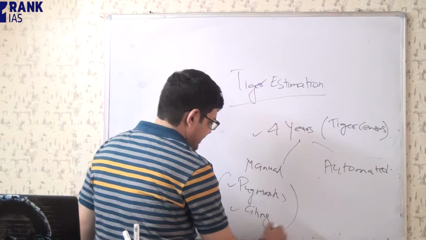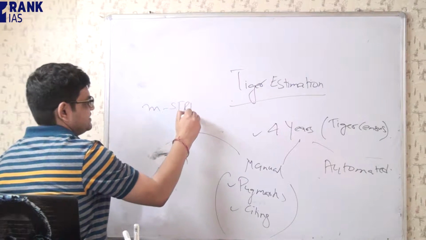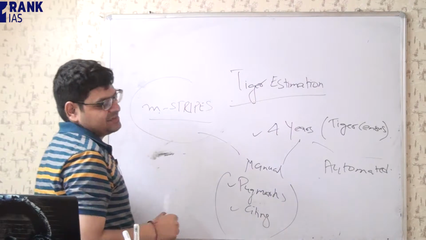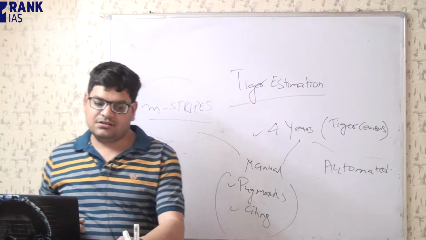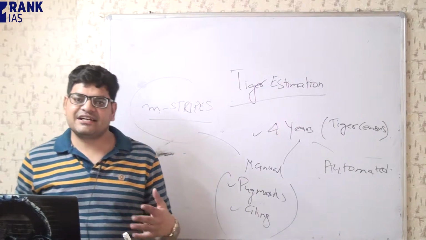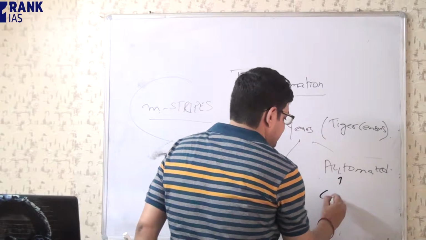Now there is a mobile app, M-Stripes, which has been designed for doing the tiger estimation. Also camera traps are being used.